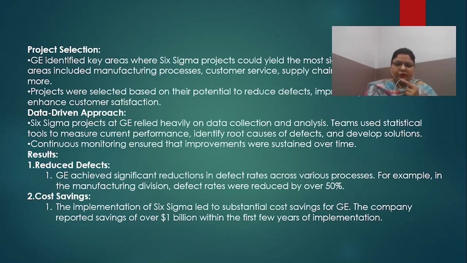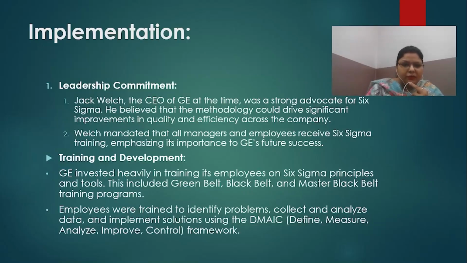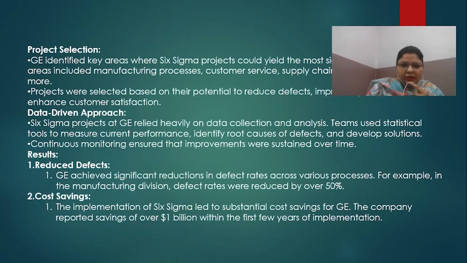Now, how did they reach the results? What were the implementation results? Number one is reduced defects. After the implementation of Six Sigma, they were able to solve the root causes of these problems.